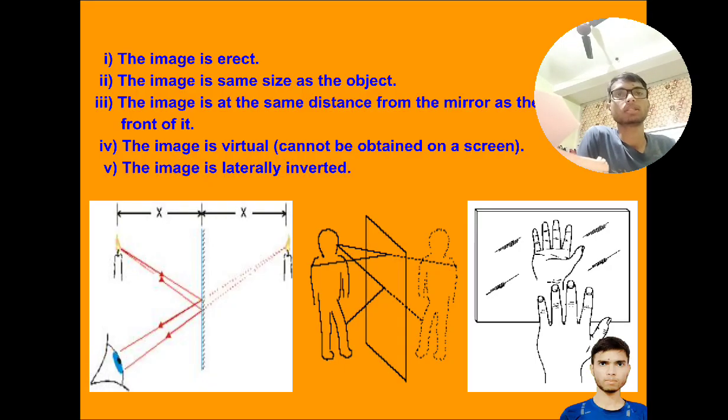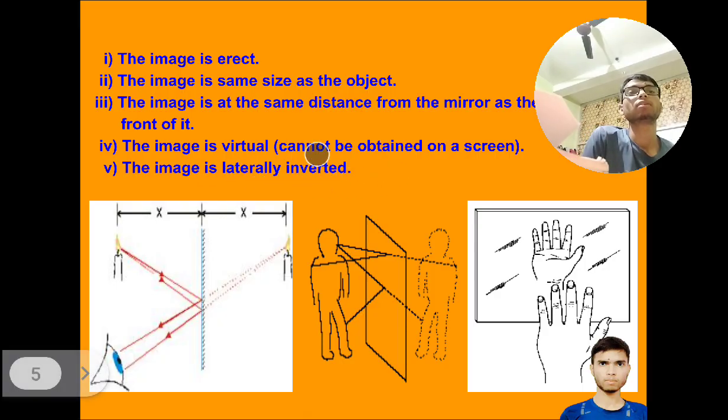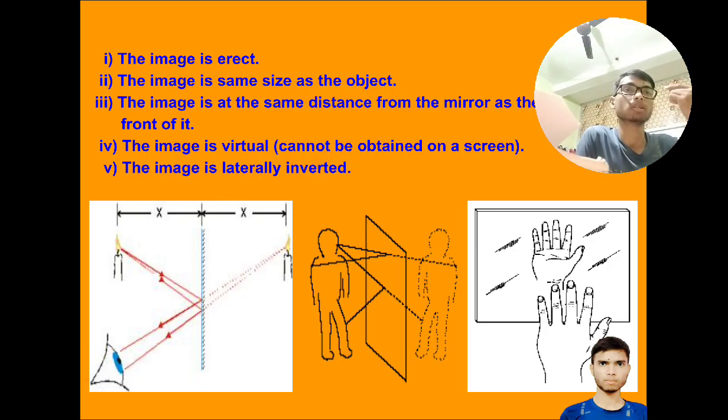The image is laterally inverted. What is the meaning of this? Laterally inverted means the right hand of the person will appear on the left side inside the mirror, and the left hand of the original person will appear on the right side of the image. This is the meaning of laterally inverted.